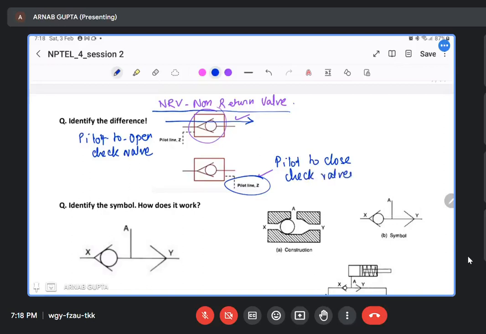Okay, both of these are NRV, and NRV is also known as check valve. So this is the pilot to open check valve, and this is the pilot to close check valve.